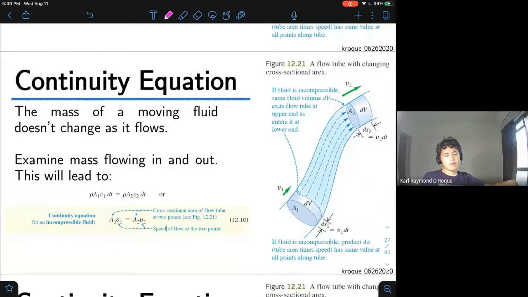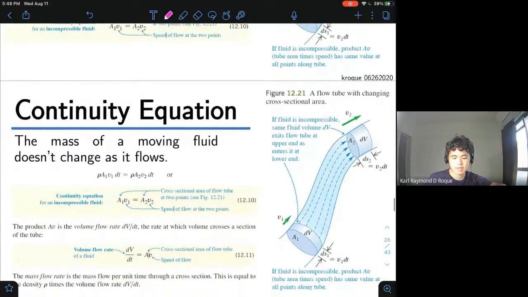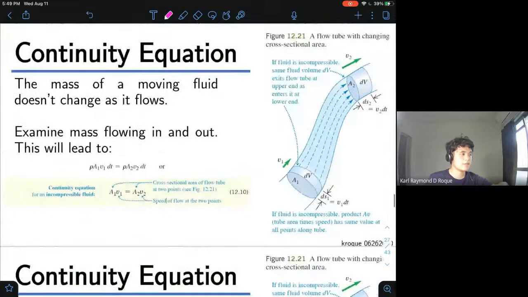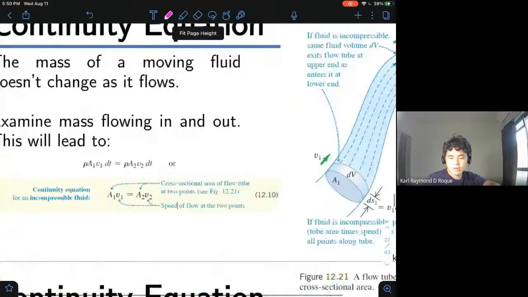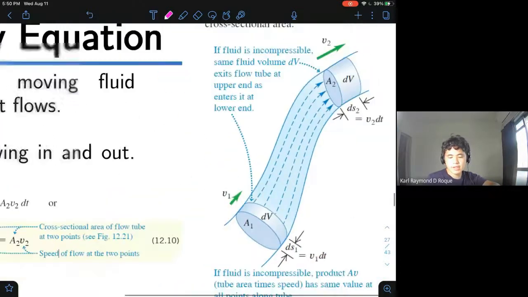So, dahil alam nating the mass of a moving fluid doesn't change as it flows, it can lead to the continuity equation, which is a very important equation dito sa physics. Pero ba't naging ganyan? Let's concentrate on this figure. Let's see the speed, kasi mag-iiba yan.